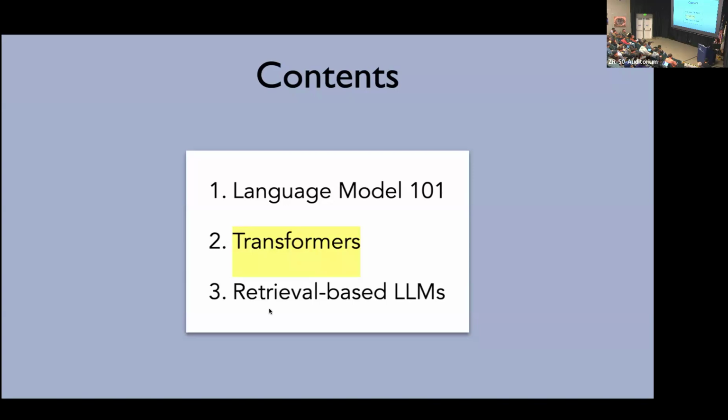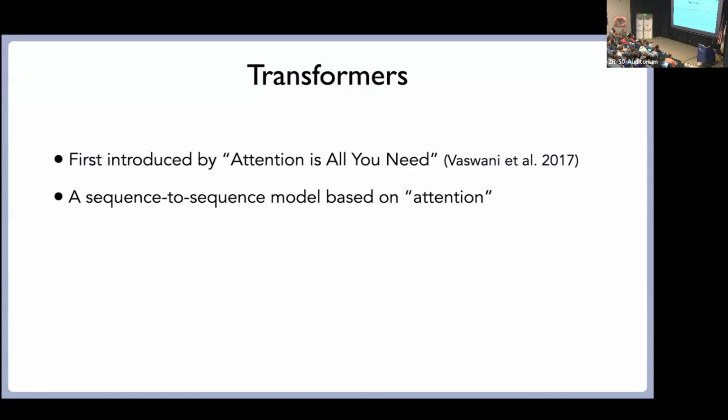Cool. Now I'll move on to transformers. In this part, I'll mainly talk about the original transformers, which were first introduced by a paper called Attention Is All You Need. This is a paper from 2017, a year when we didn't really talk much about large language models.